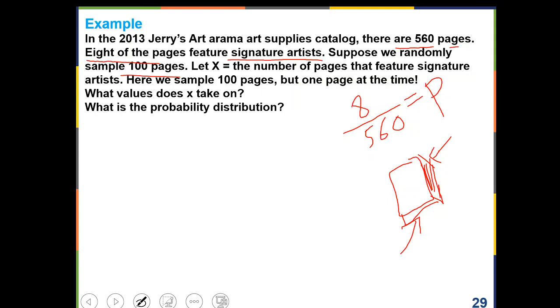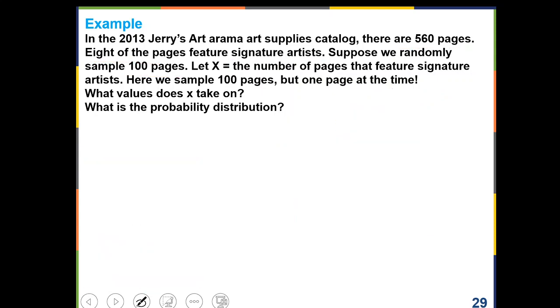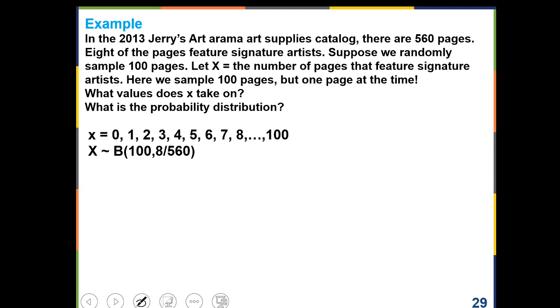That would be a very small probability. So we can calculate. X here is 0 all the way to 100, and then probability of success is that. So this is a binomial distribution, right? And n here is 100, and probability of success is 8 over 560.